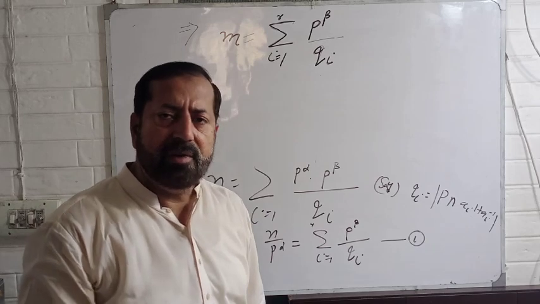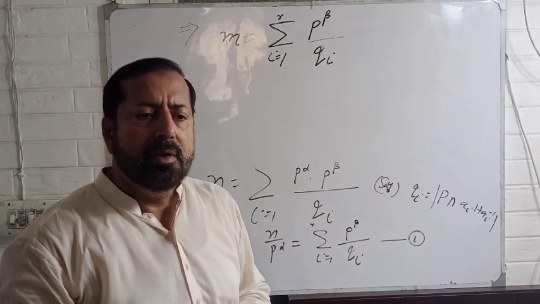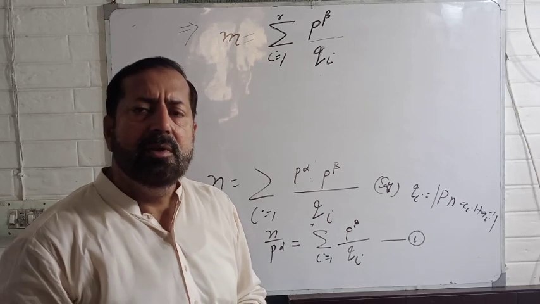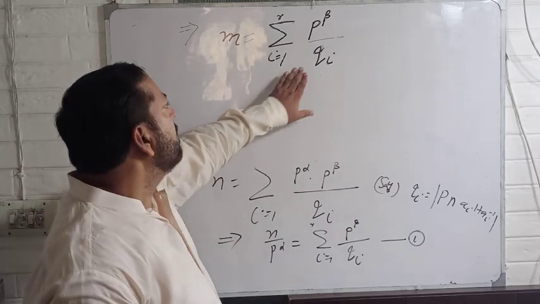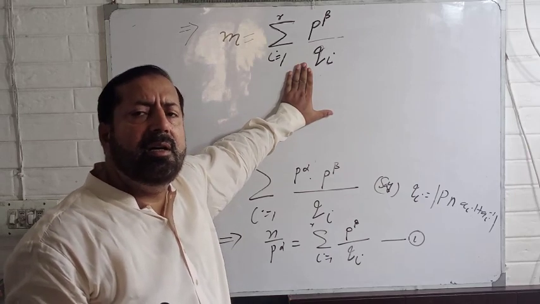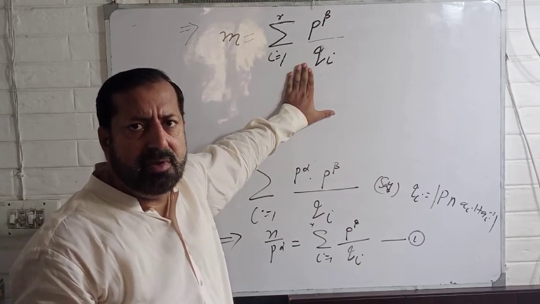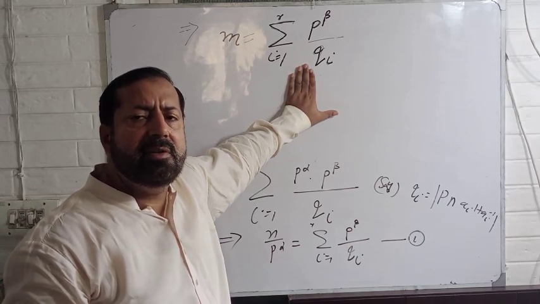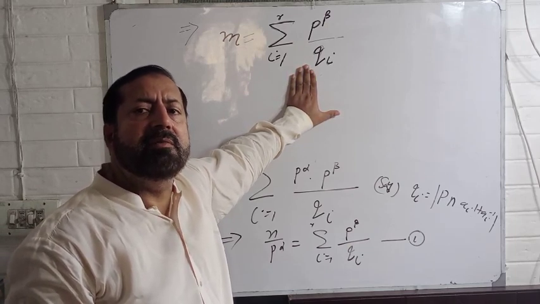Again, please watch the proof of Sylow's second theorem and Sylow's third theorem to understand the idea. And you know that each term on the right side is either 1 or divisible by P, a multiple of P. So for the sake of convenience, assume that the first term is 1.